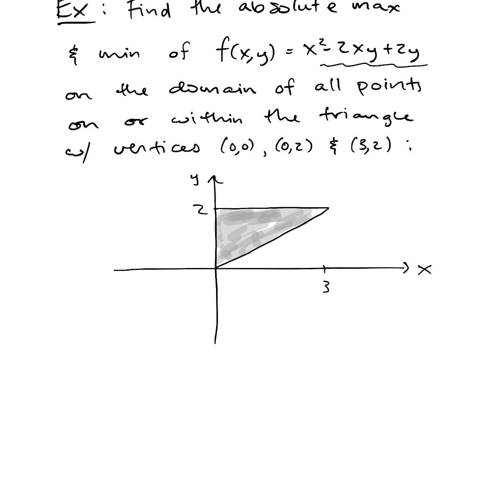So let's write down the gradient of this function little f. So you put the x partial, 2x minus 2y, in the first coordinate. And you put the y partial, negative 2x plus 2, in the second coordinate.